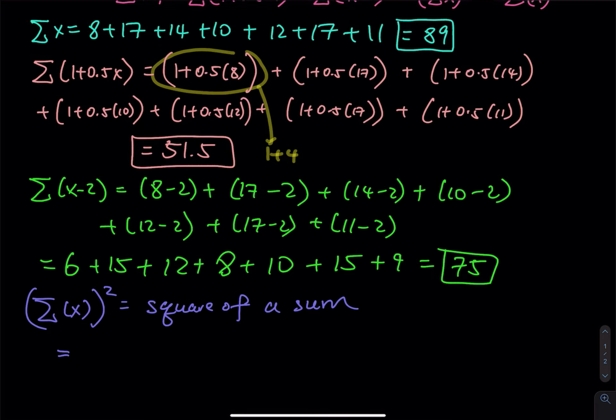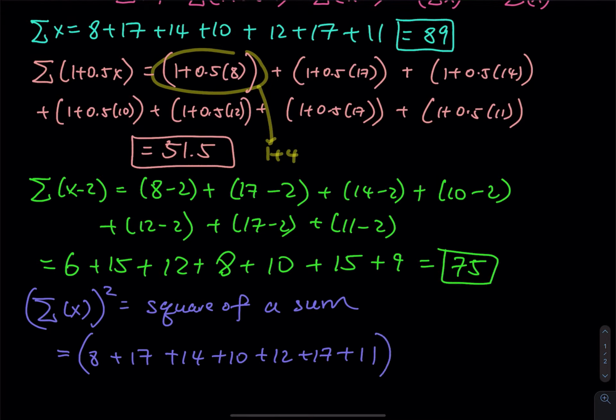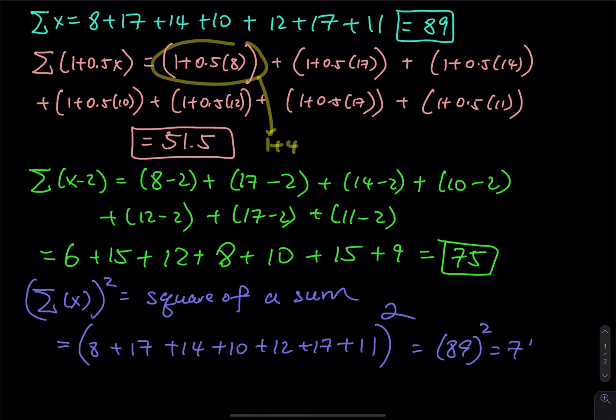So we have the first number that is 8, and then we have 17, and then we have 14, and then we have 10, we have 12, we have 17, and then we have 11. So this is the sum of x. And then the square is right over there. So the sum is equal to 89, and then you square that, that is equal to 7921.